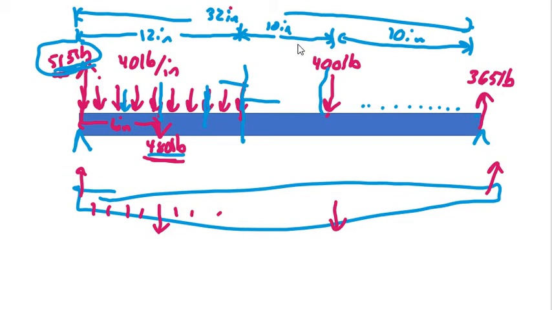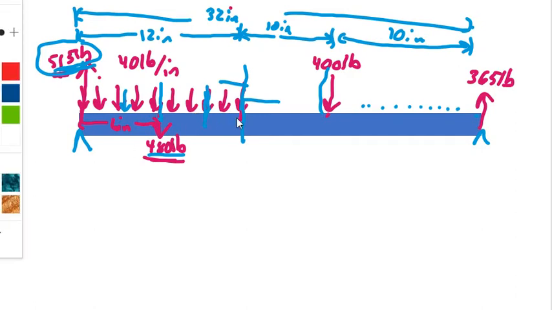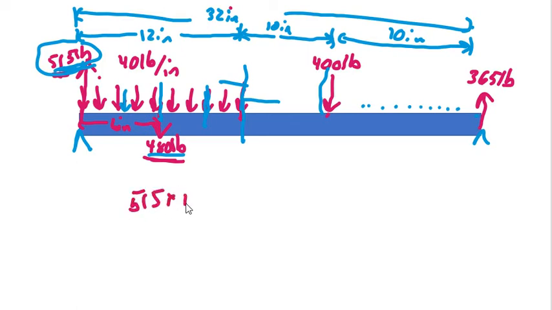Let's go ahead and do it. Let's get rid of all this. There we go. So if I go to there, I have 515 times 22 inches. Then I have 480 times 16 inches.